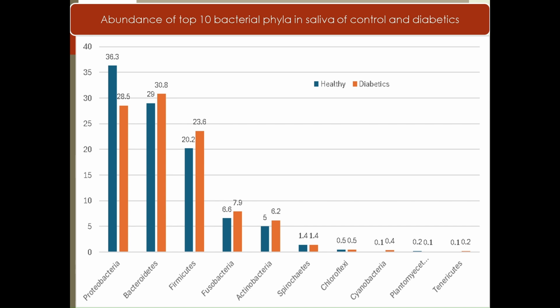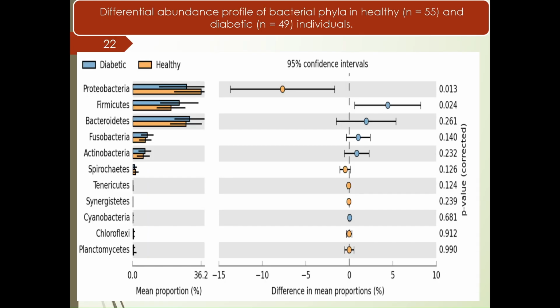We carried out a statistical analysis using several statistical software, and found that proteobacteria are decreased in diabetic individuals, while firmicutes and bacteroidetes are increased.